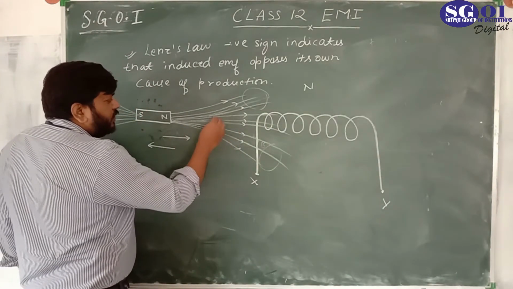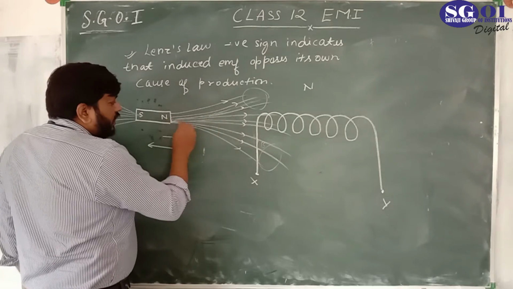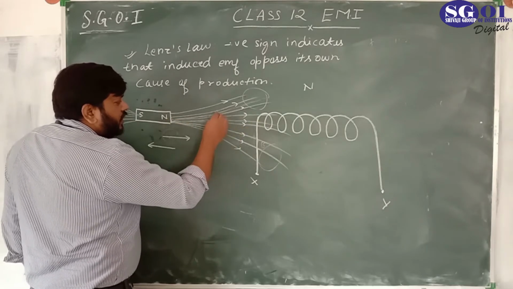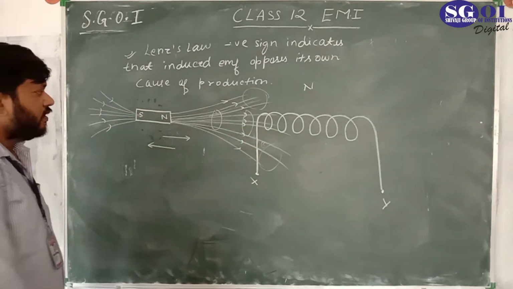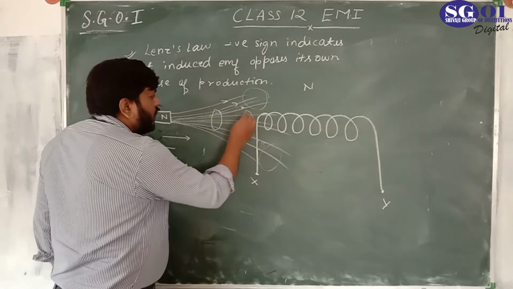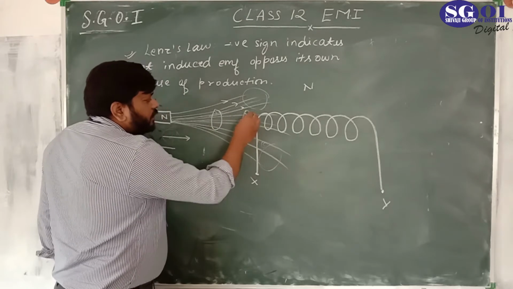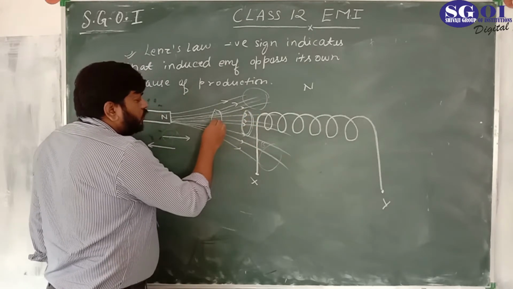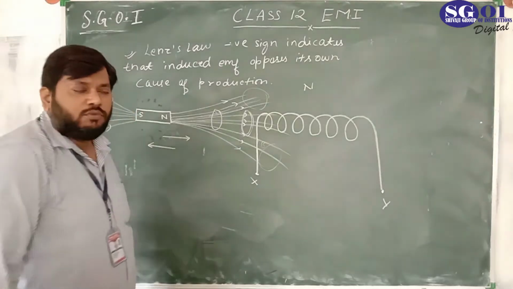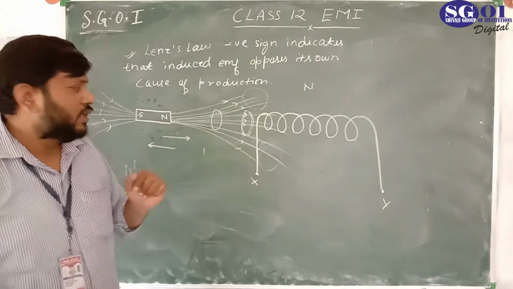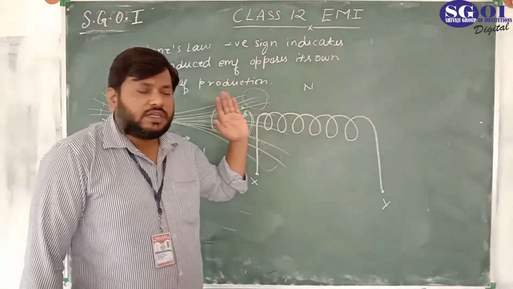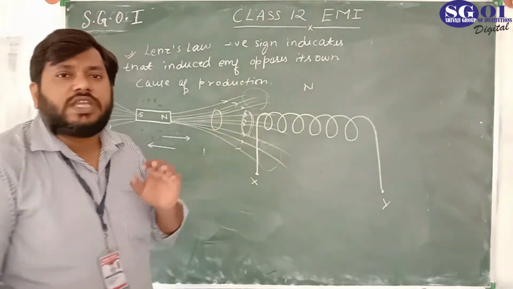Suppose it moves, and you are seeing here, as the bar magnet moves towards this, more lines pass through the same area. If you take the same area of the coil, from this portion 1, 2, 3, from this portion 1, 2, 3, 4, 5, 6, 7. More lines, fewer lines. It means there is obviously a change. So when we move this bar magnet towards the coil, there is a change.